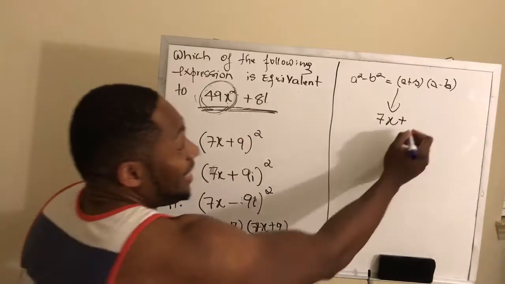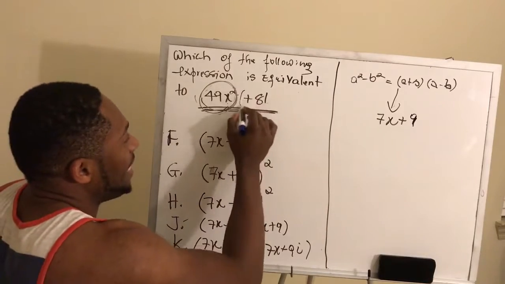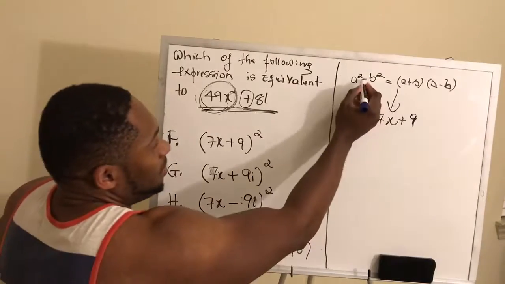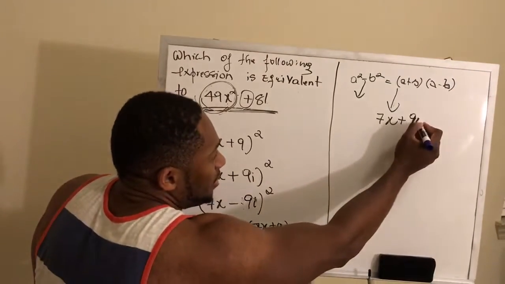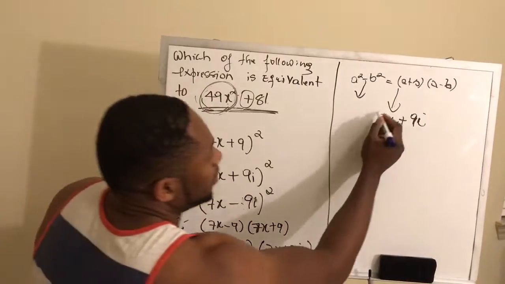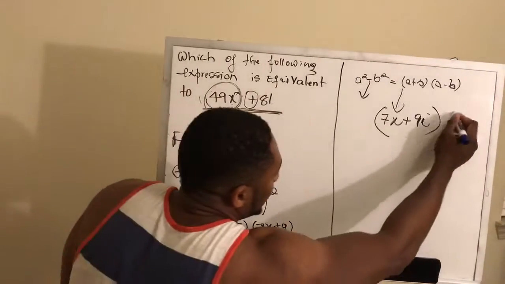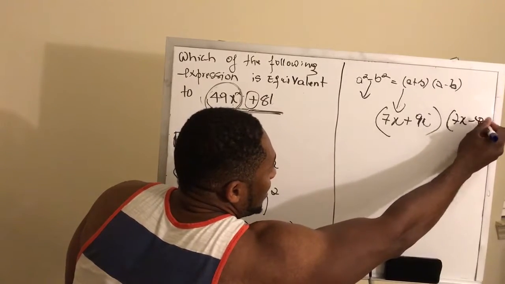Now, we could take the square root, which is 9, but notice that we don't have the sign here in the middle. To transform the sign here, we want an i here. And when you multiply both i's, you're going to have a negative sign. I'll show you what I mean in a little bit. So it's 7x plus 9i, and 7x minus 9i.